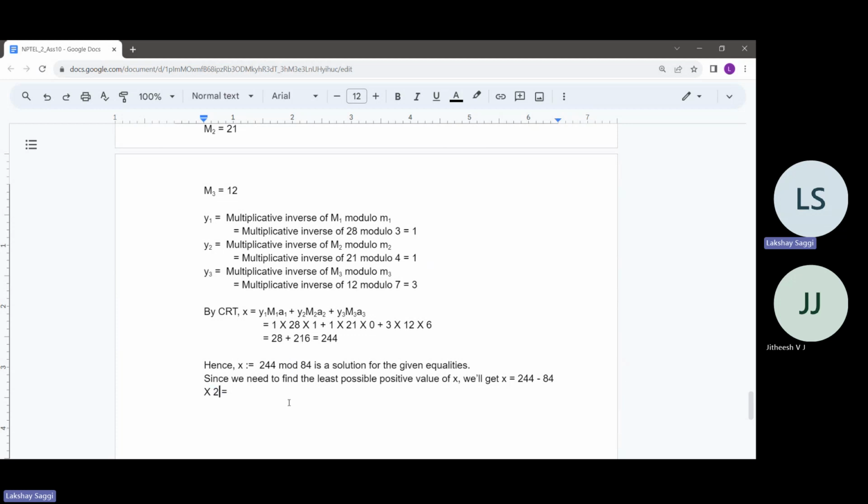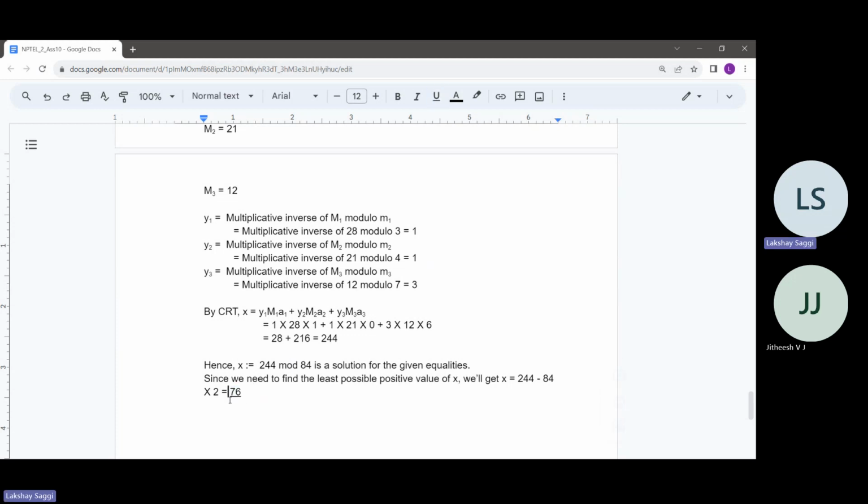So let's say 80, 160, 168. So 84 times 2 will be 168, and when 168 is subtracted from 244, we'll get something like 76, I believe. So 76.